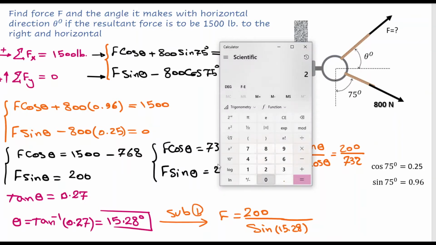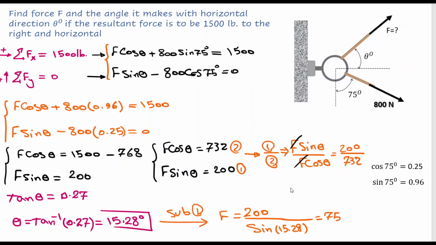So 200 divided by the sine value of 15.28, that is 758.9 pounds, because the unit was pounds, so use the unit of pounds.